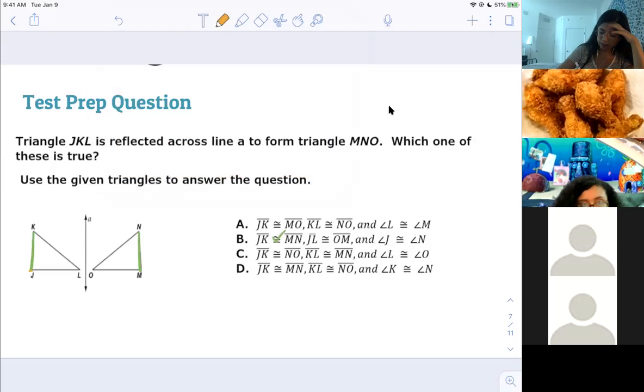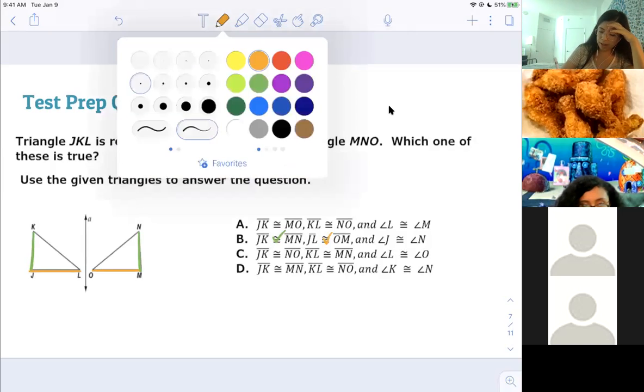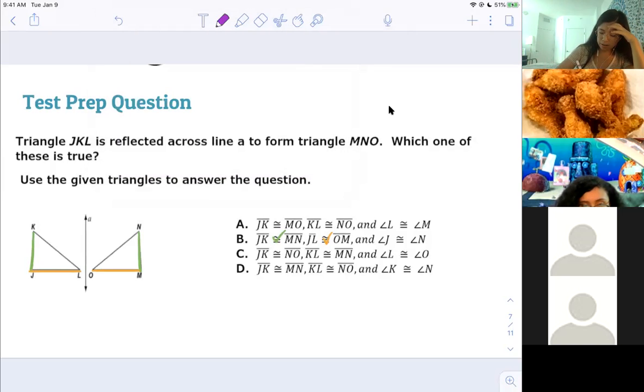Yes, that is correct. And then finally, it's telling me that angle J is congruent to angle N. Is that correct? No. Why not?